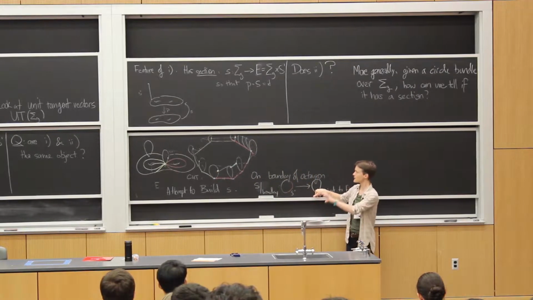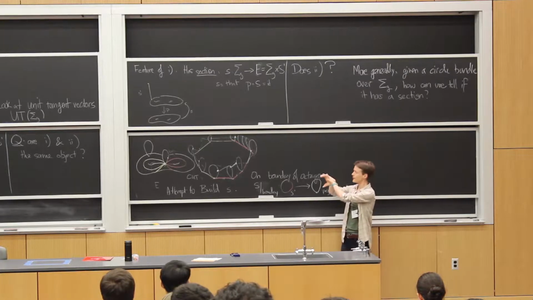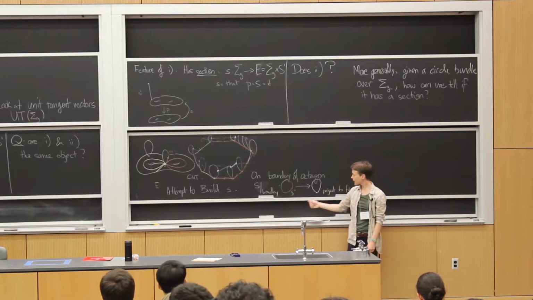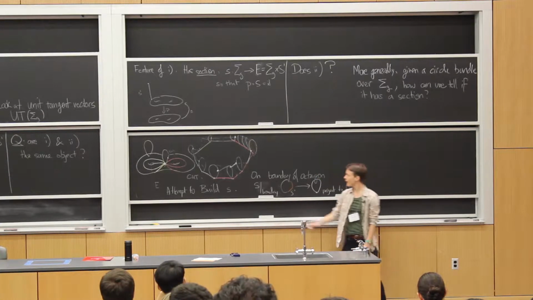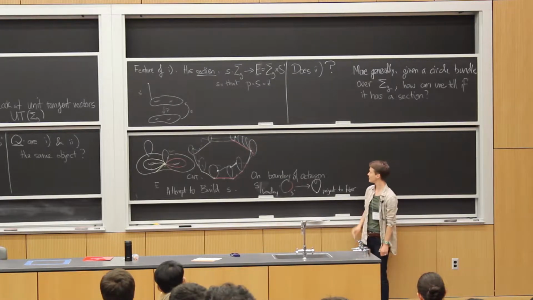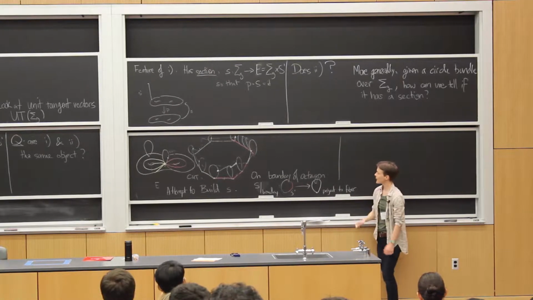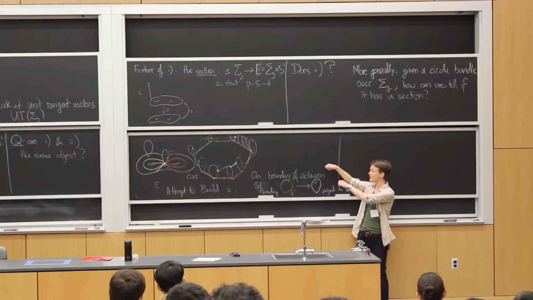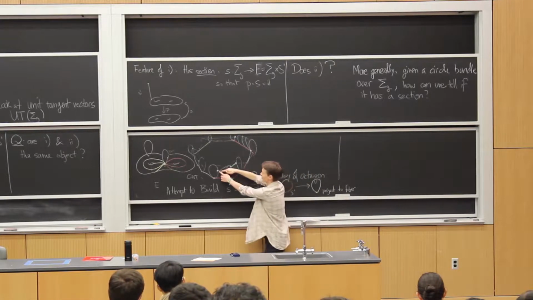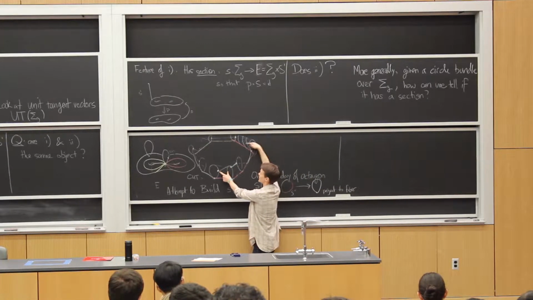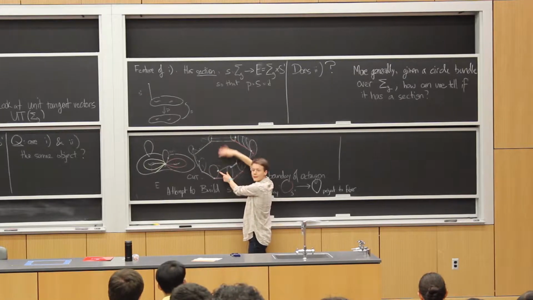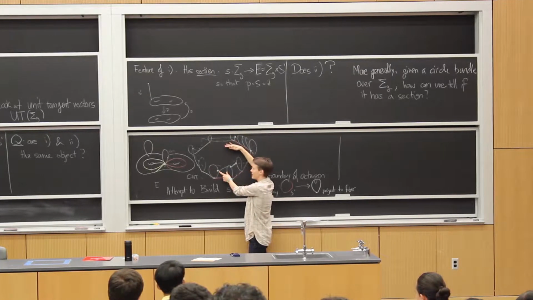And I'm going to just see what it looks like on the second factor. And we're going to count how many times this winds around. If it doesn't wind around at all, if the degree of this map is 0, if it really just looked like effectively a straight line, then I can fill that in with a disk. And that'll give me a section over the whole thing.